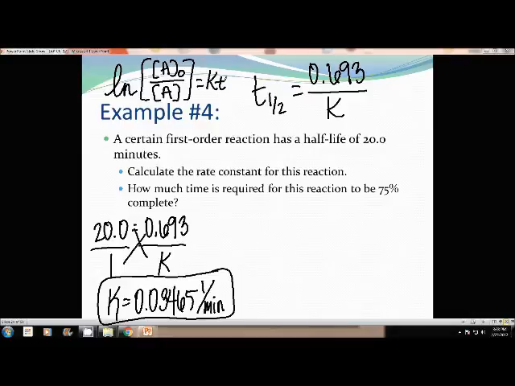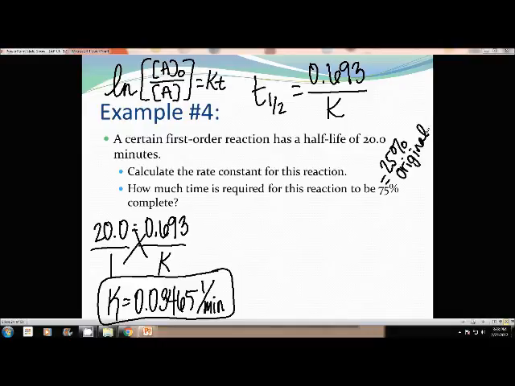Okay? Because we want to solve for time. Well, this 75% complete thing, okay, if we think about it as percent yield, we would say that if it's 75% complete, then that means that there's 25% of the original left.